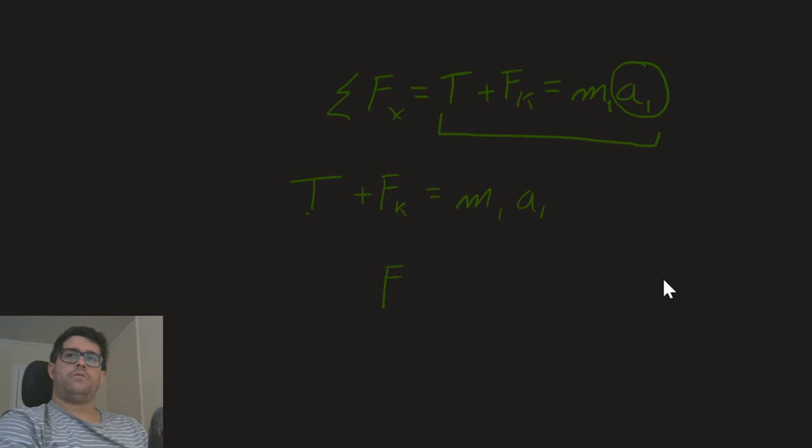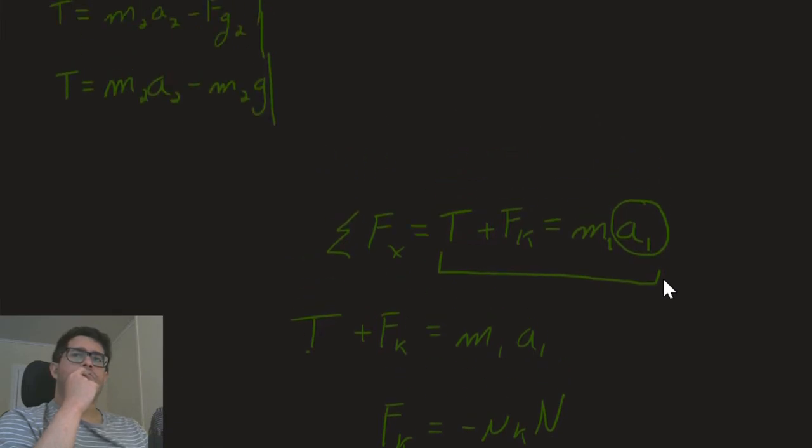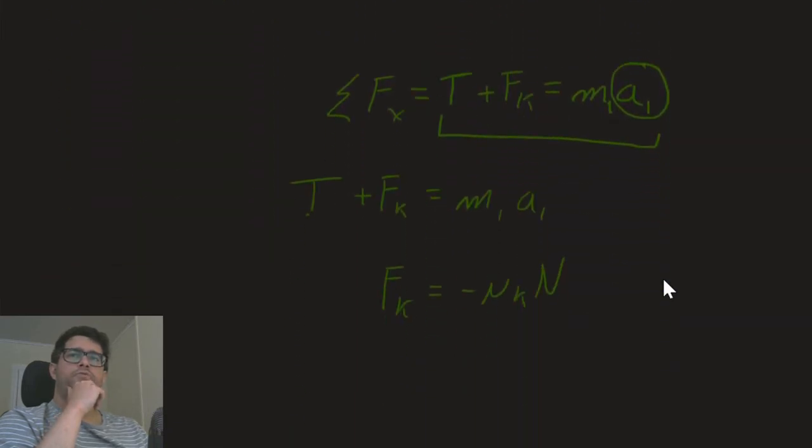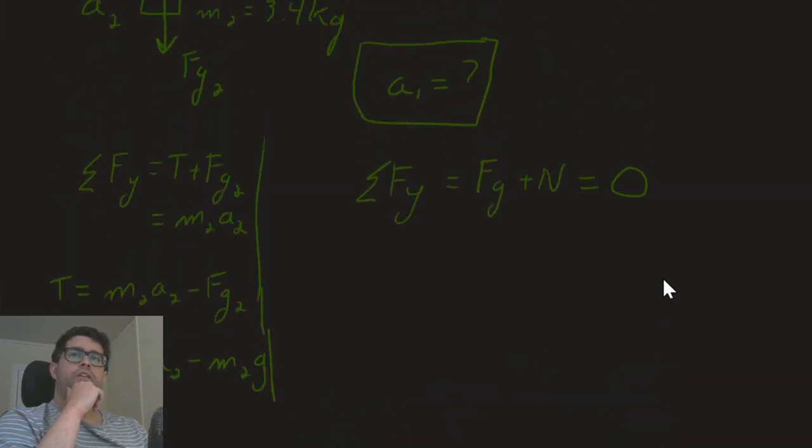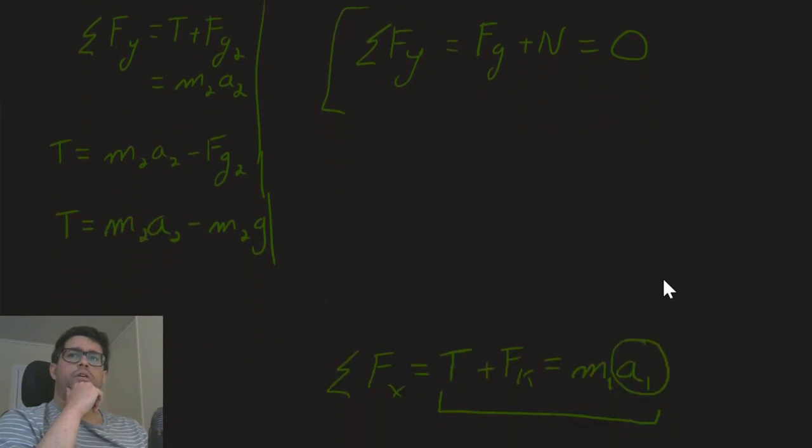So fk here is equal to what? Minus mu kn, right? This is the force of friction. So in order to find the force of friction, we need this, which we have. We'll also need n as a value, and it's right here. So that's why we do this part when we have this part to do.